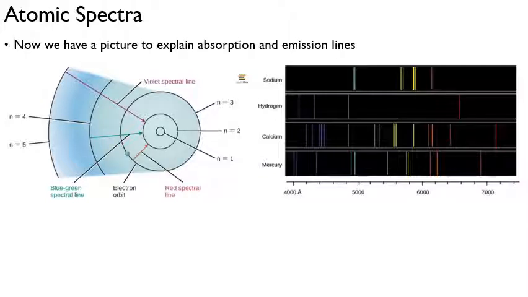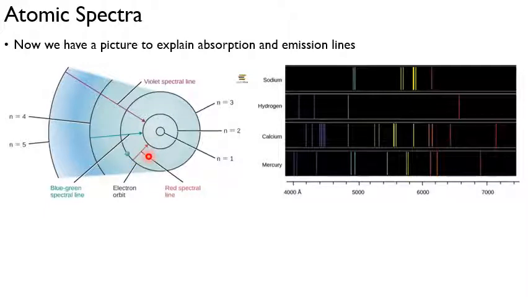So now we can see, based on the quantization of the energy levels in an atom, we have a natural picture to explain our atomic spectra, to explain these absorption and emission lines. So connecting certain energy levels will give you a given wavelength, and you can either, for instance, have a longer wavelength connection here, give you, for instance, purple light, or you can have another one here that gives you red light.